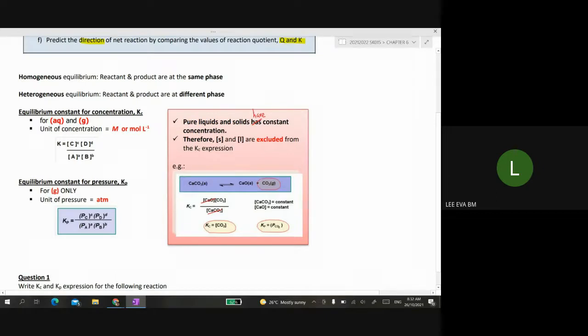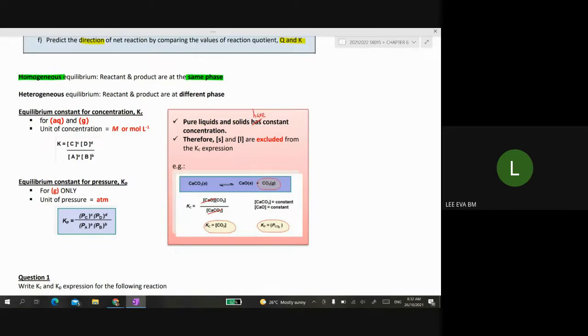So when you say it is in homogeneous equilibrium, the word homo refers to both your reactants and products being in the same phase. If homogeneous, everything is in gas phase, or everything in liquid, or everything in solid, and etc. So only one phase you will see. So it is very important for you to write down the phase in your balanced equation.